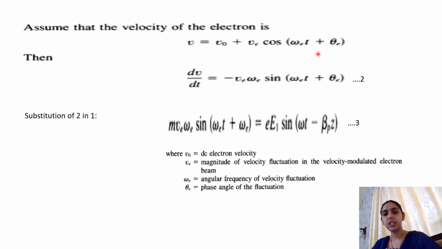So we have expressed our electric field interaction of the RF with the sine component, and now we are assuming the velocity of the electron to be in two parts, one with the DC electron velocity and another with the cosine component of the wave, where Ve represents the velocity fluctuation in the modulated electron beam, ωe is the angular frequency of velocity fluctuation, and θe represents the phase angle of the fluctuation.